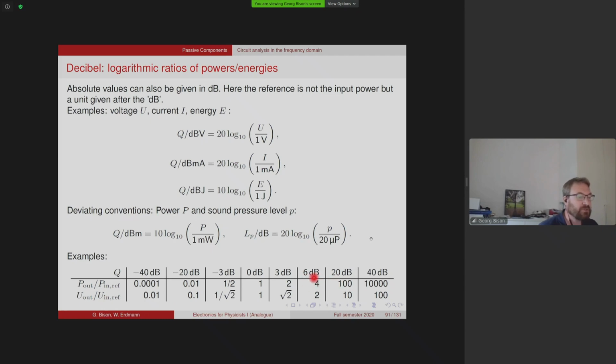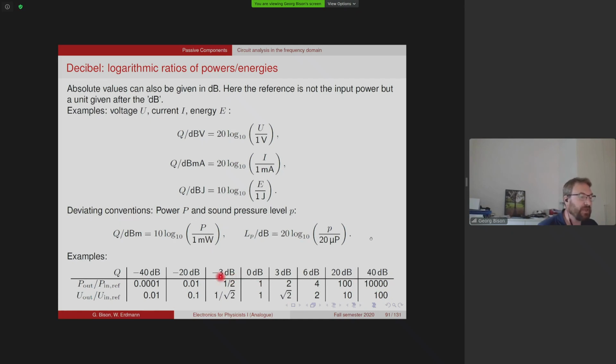Accordingly, 6 decibels is a factor of 4 in the power ratio, and a factor of 2 in the voltage ratio. 20 decibels is a factor 100 and a factor 10, respectively. 40 decibels is a factor of 10,000. So for the power, it's simply counting the zeros and adding a 0 here. And it's the square root of that, again, for the voltage reference.